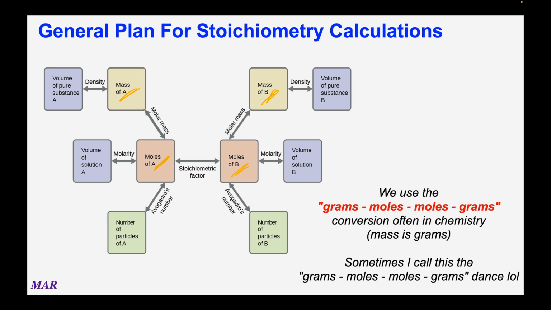That's the grams, moles, grams. But you can go even farther if you want to. We'll talk about ways to go to volume using what's called molarity. We could take the density of the substance and turn the grams into milliliters. You could even use Avogadro's number, 6.022 times 10 to the 23rd, to turn moles into number of particles. But again, you must have a balanced equation or all of this stuff doesn't make any sense.